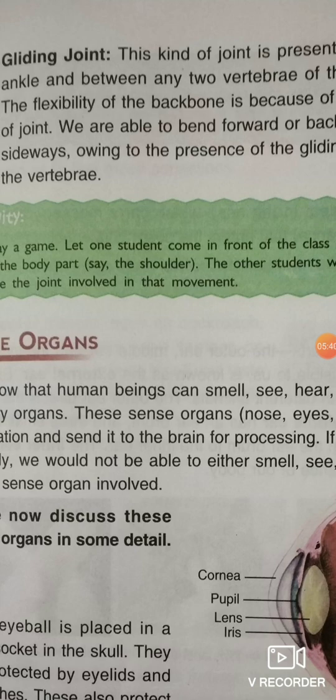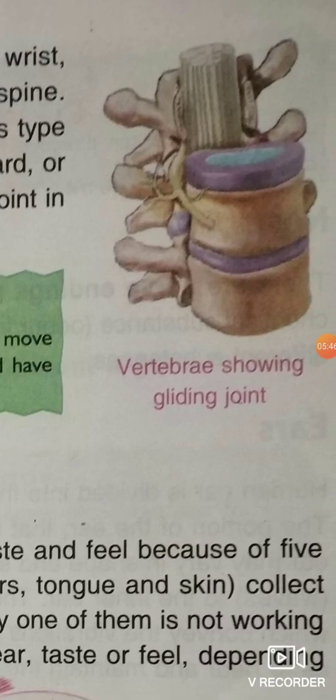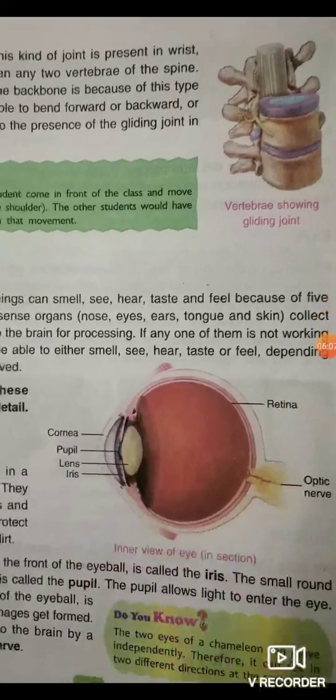So what is the function of this type of joint? See, this is the diagram of the vertebrae showing the gliding joint. The flexibility of the backbone is due to this joint only. Okay, we are able to bend forward, backward and sideways due to the presence of the gliding joint. Okay, any problem? I hope there is no problem.